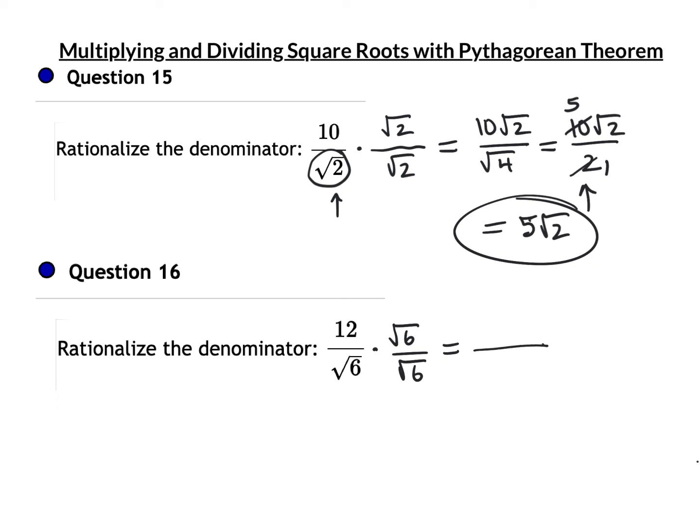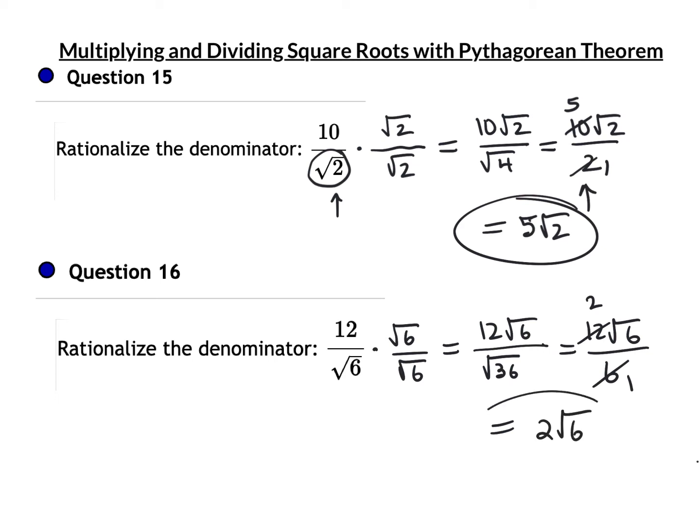This creates a perfect square in the denominator of root 36. Above, I have 12 root 6. This is 12 root 6 over 6. Both of these are divisible by 6. I get 1 and 2. And my answer is 2 root 6.